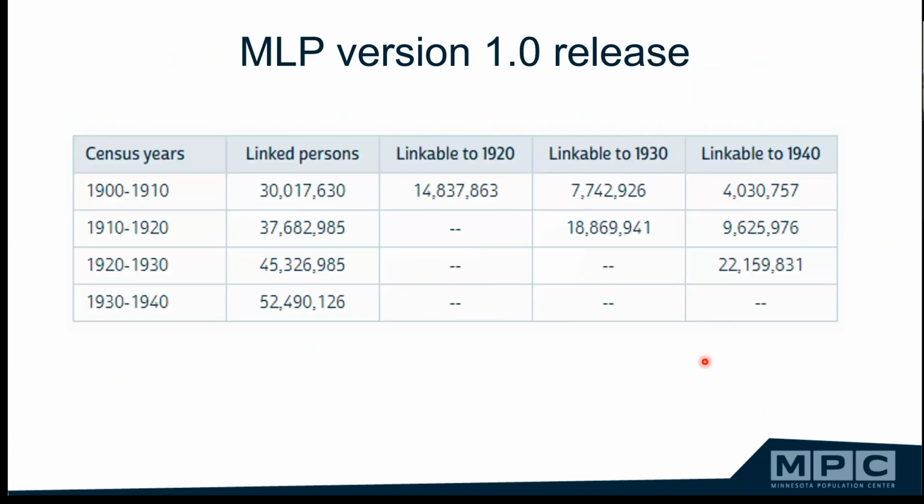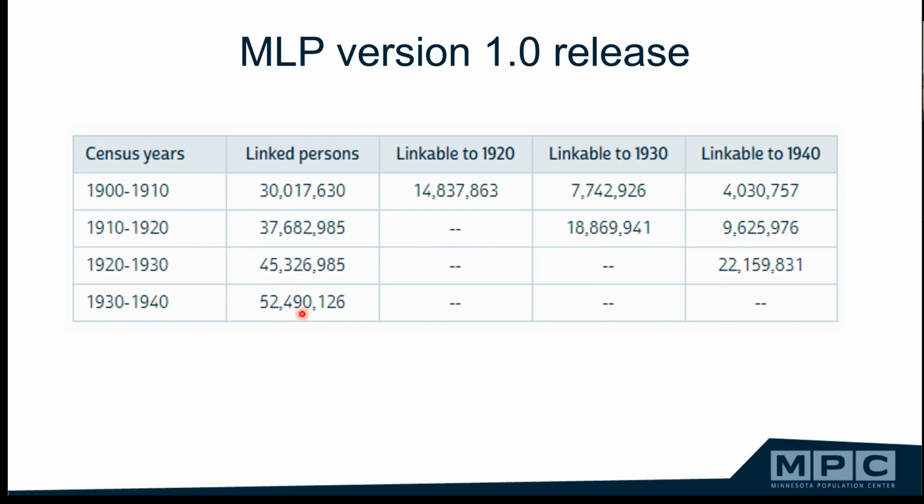So right now, as I told you, all we have is that we've just created links across 10-year intervals. So we have 1900 to 1910, 10 to 20, etc. Approximately half of the populations are women. Not quite half, but pretty close to it.